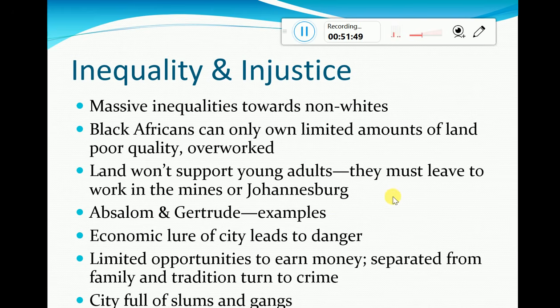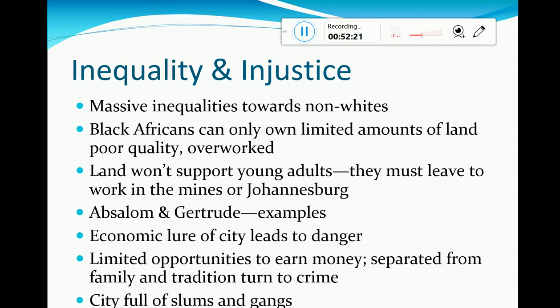Absalom and Gertrude are good examples of how this movement from Ndotsheni to Johannesburg had a negative impact on their social structure and family structure, because they both turned out to become people who diverge strongly from their moral compass and the principles of Christianity, as Absalom turned to crime and ended up killing Arthur Jarvis.